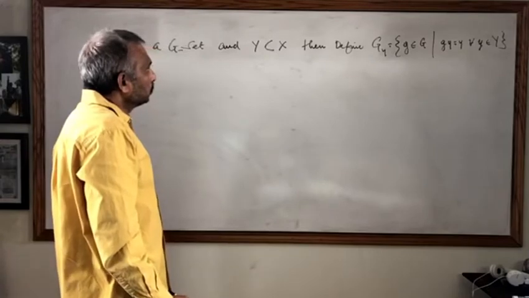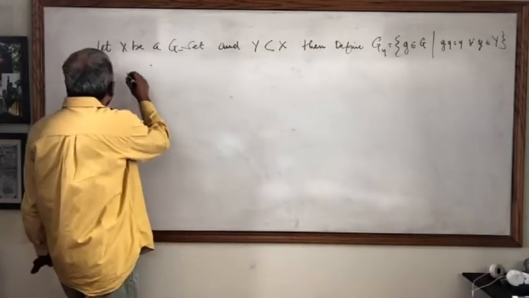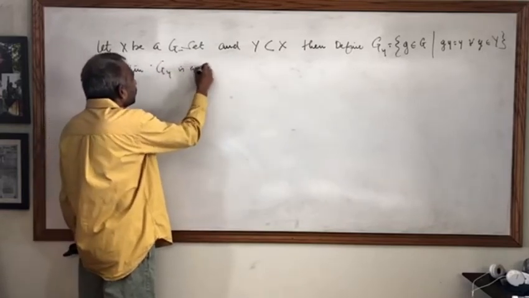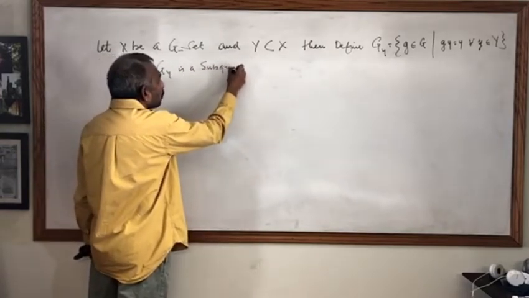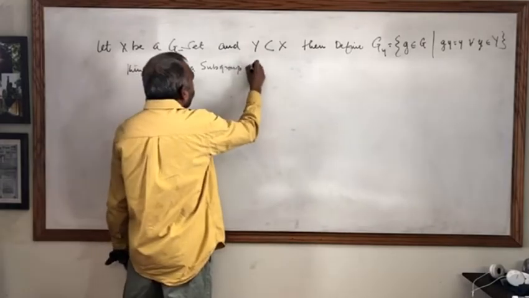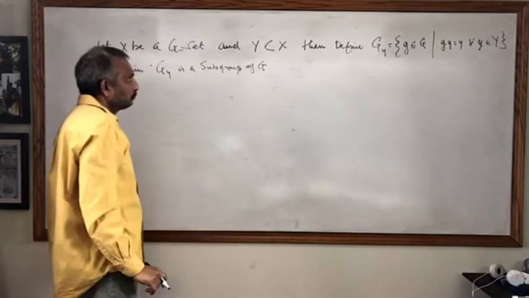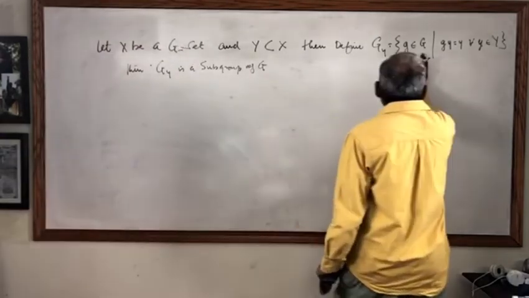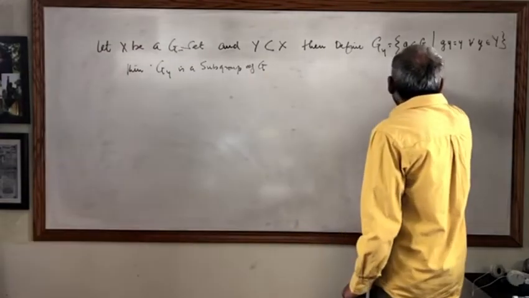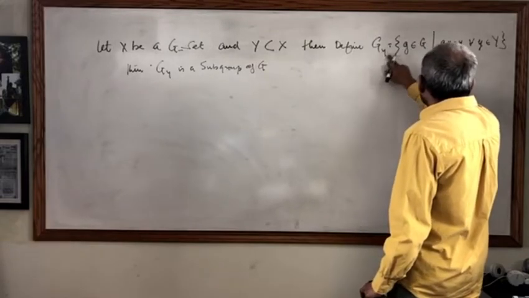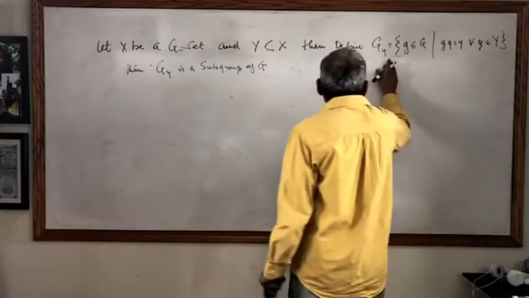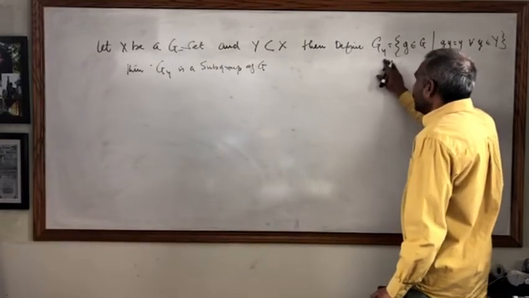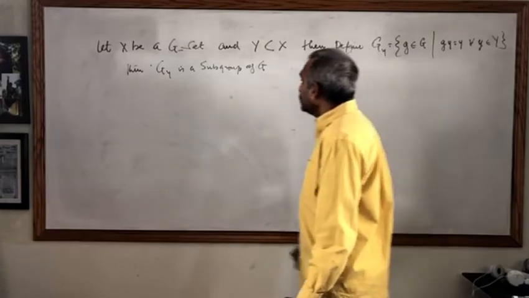Then Gy is a subgroup of G. This is coming from G, those elements of G that fix Y. Okay, we know that if it fixes x, that is a subgroup.